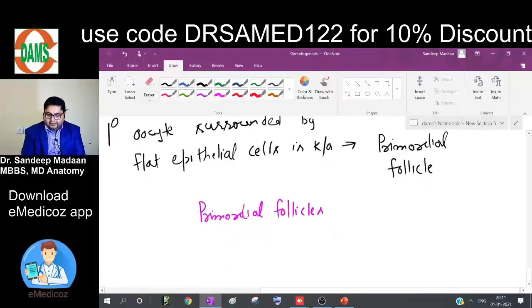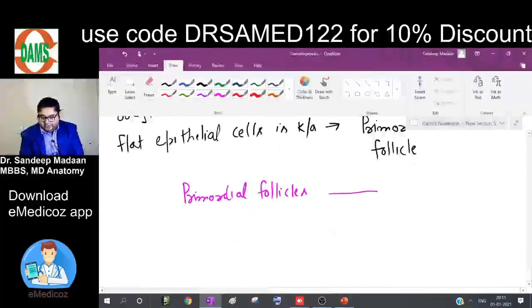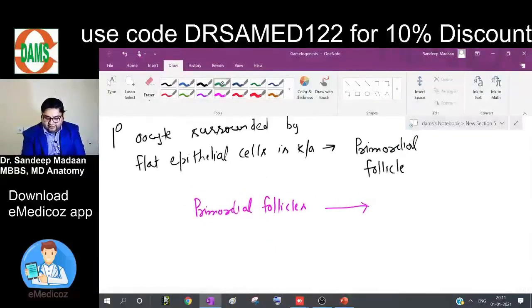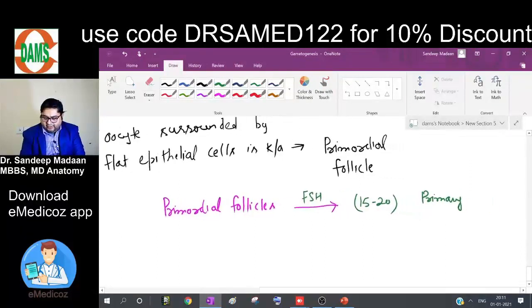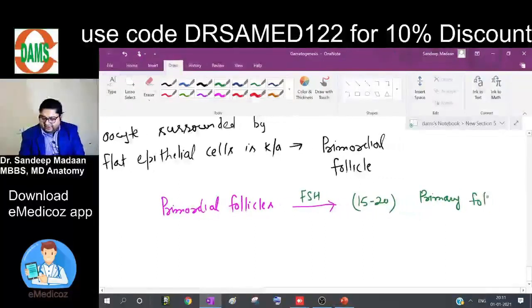Under the influence of FSH, 15 to 20 primordial follicles will become primary follicles. What are the changes?